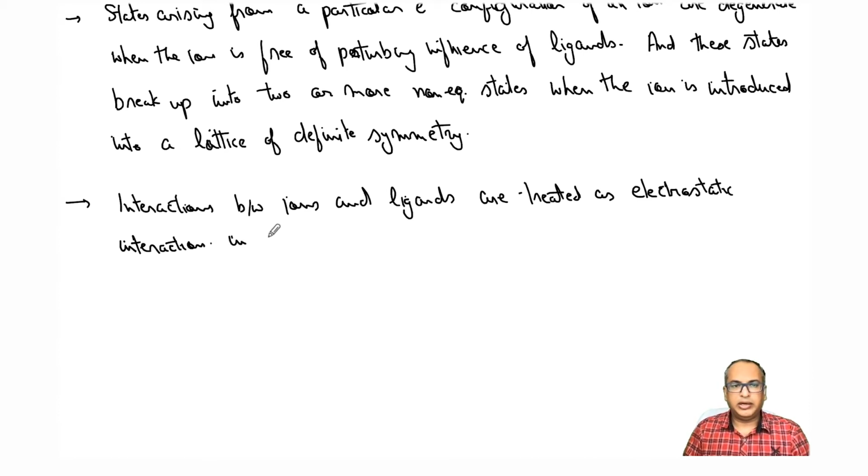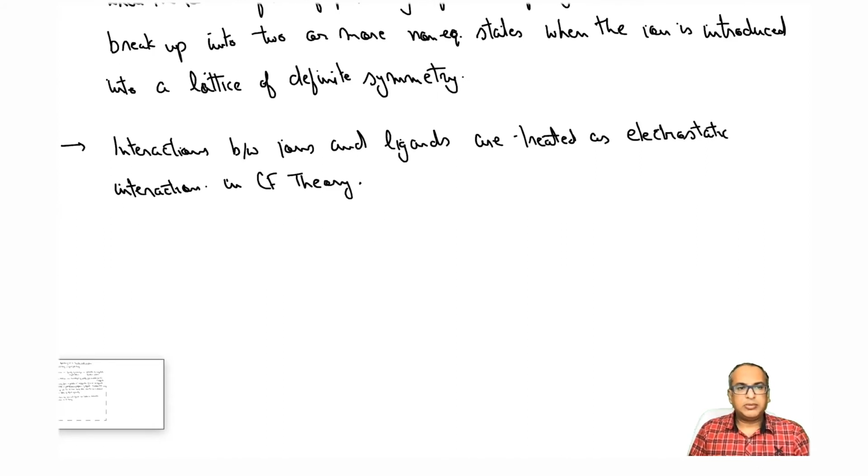Now, there is a possibility of having some partial covalent character and partial electrostatic. In that case, the theory is modified and it is called ligand field theory.